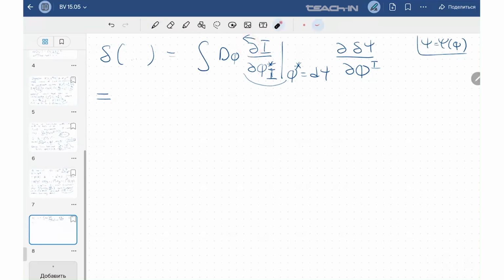So what it gives me is the integral d phi, minus 1 to the power I. This I get by transforming the derivative from left to right. Or maybe with plus, but it doesn't matter. Overall sign is not important.